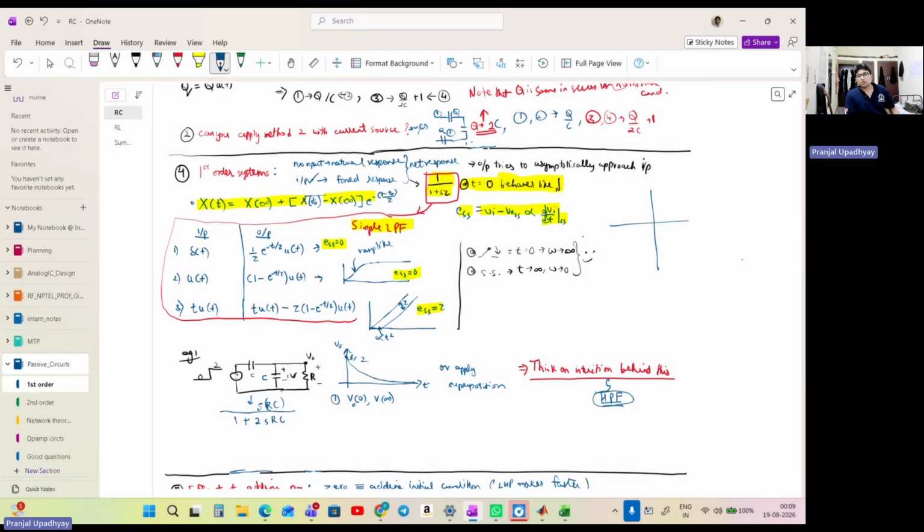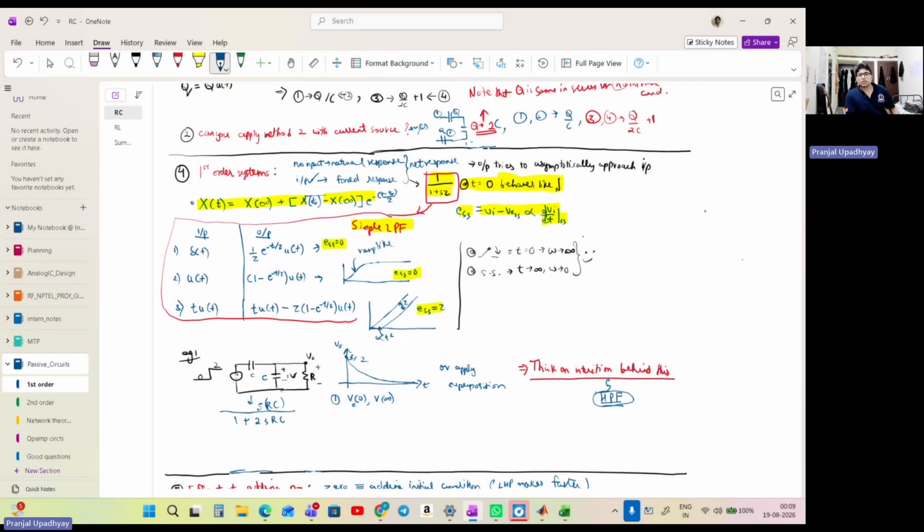So here also it's the same idea: if the input is like this, my output will appear in this sort of way, right? Again, it's important to mention that this system at time t equals 0 particularly behaves like an integrator, right? Why am I saying at time t equals 0?